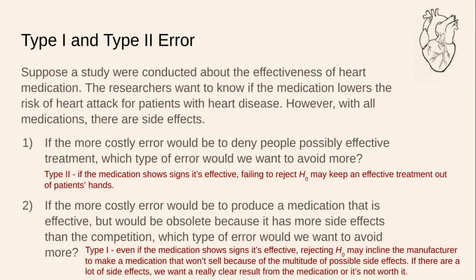If there are a lot of side effects, we want a really clear result from the medication or it's not worth it. If we know that there are clear risks, we need to make sure that the reward is salient or it's not worth producing this drug. So we see in problem 1 and 2, depending on what we want to avoid, that's going to shape how we design our hypothesis test.